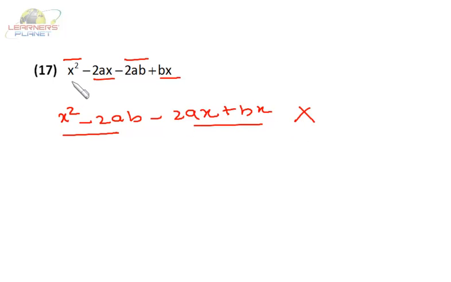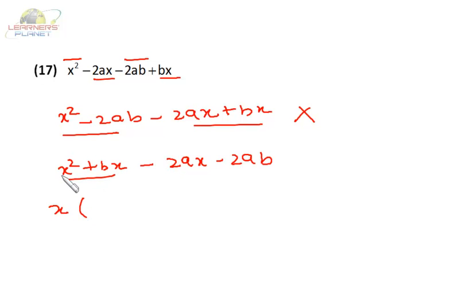Okay. Now suppose I change it. I write x square and bx together. Then minus 2ax minus 2ab. Now let's see what happens. From these two I can take x as common. So I'm left with x plus b.